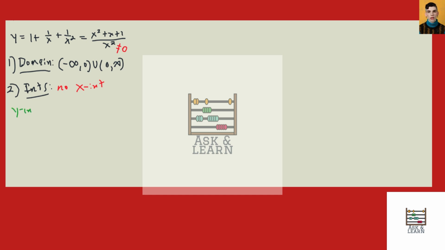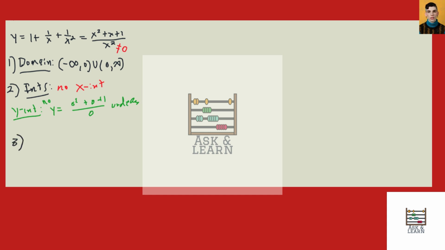So the y-intercept is going to be 0 squared plus 0 plus 1 over 0, but that's undefined. So there's no y-intercept either. So we're going to have no intercepts for our function.